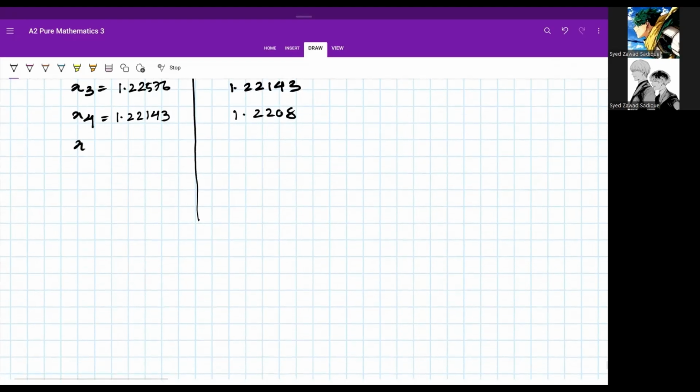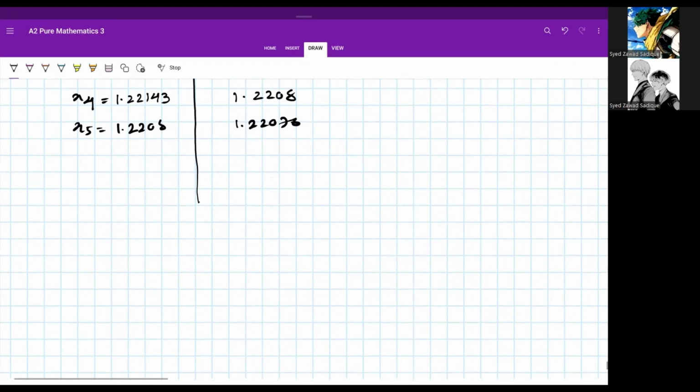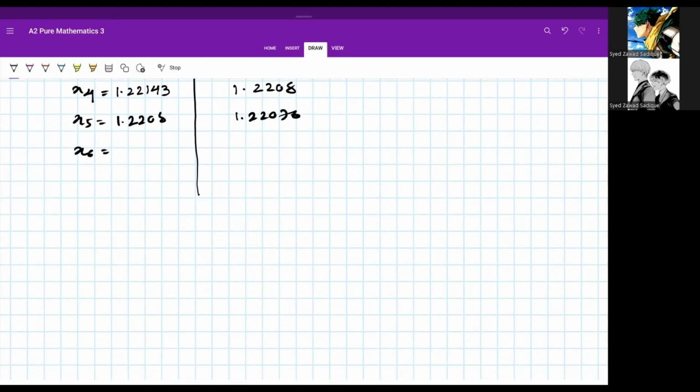And x5 is 1.2208, it is 1.22076. x6 is 1.22076, the value is 1.220744. Sorry, 075.